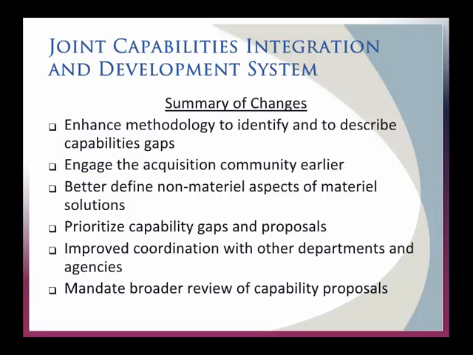We're going to talk about something called the Functional Capabilities Boards, FCBs, and how they address prioritization and who the members of those boards are. These are the folks that make joint decisions. This might be easier to think about if you think about a new platform, a new vehicle type, or a new weapon system, or something that clearly should have jointness.